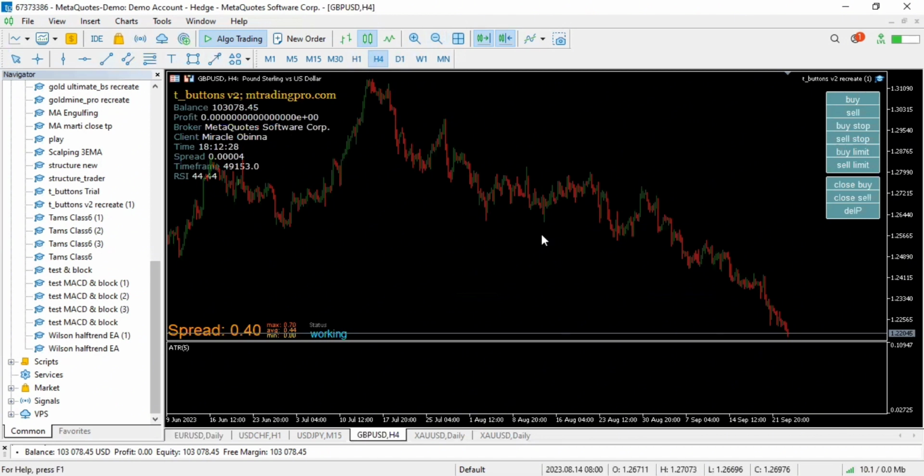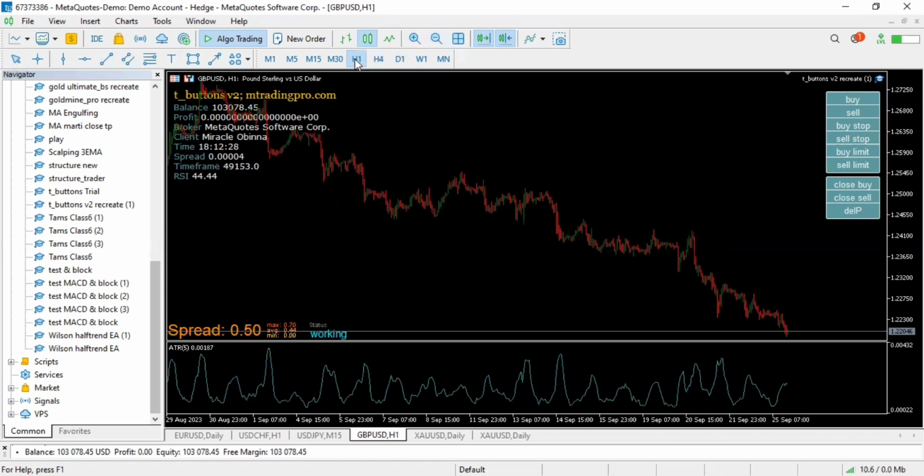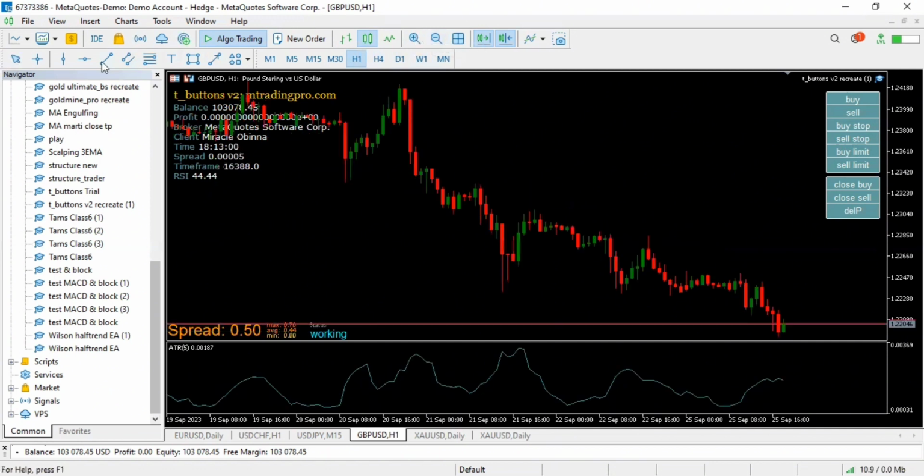Okay, my network is quite unstable, so it takes time to load all these charts. Okay, I think it's loaded. Let's look at it. We had a falling triangle here.